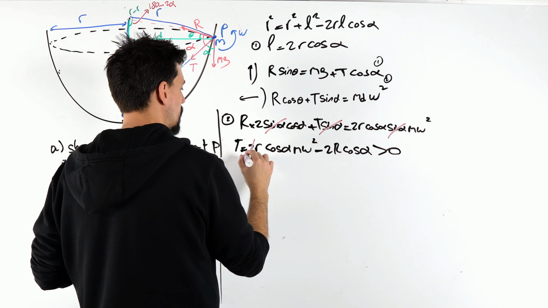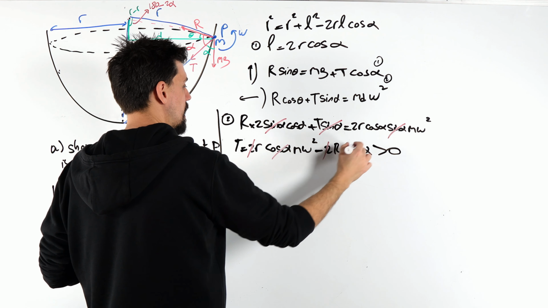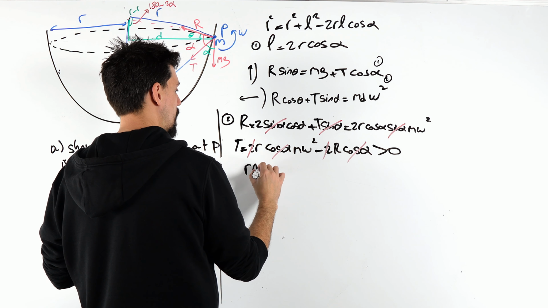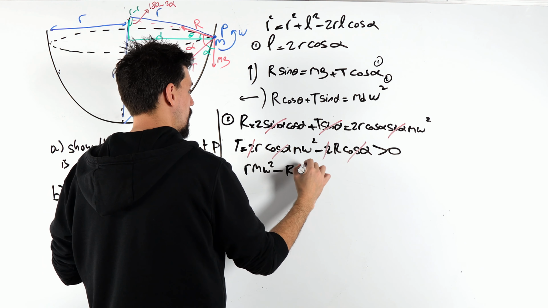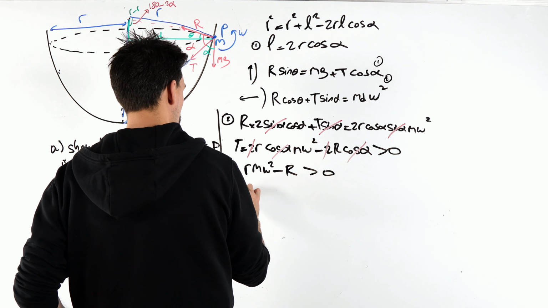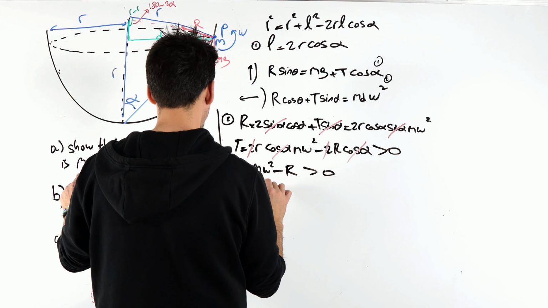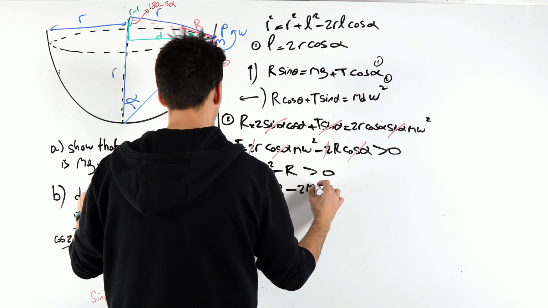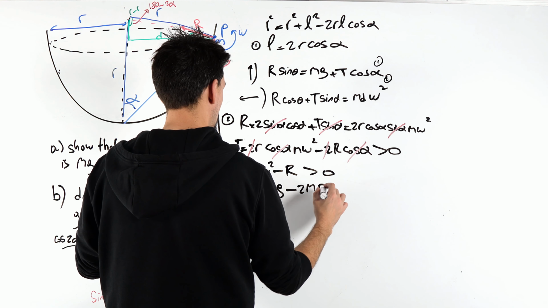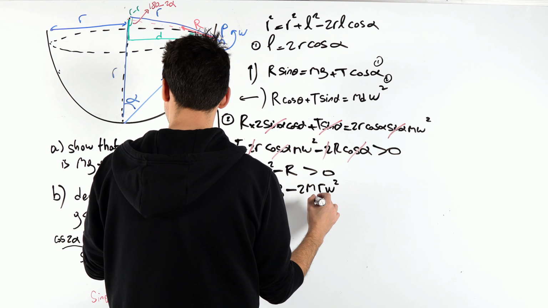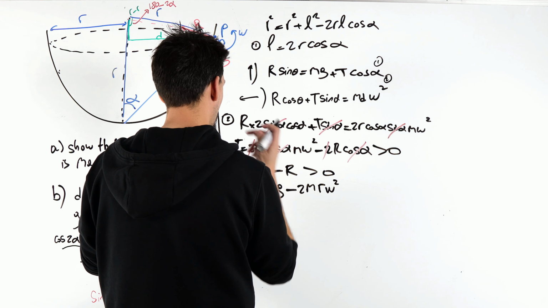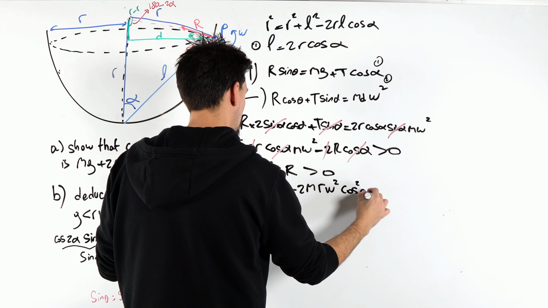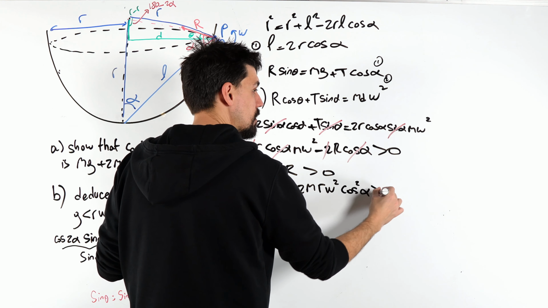Now, 2 is positive, cos alpha is positive. So what I get is that r m omega squared minus r has to be positive. Now, that is r m omega squared minus mg minus 2mr omega squared cos squared alpha. That all has to be positive.